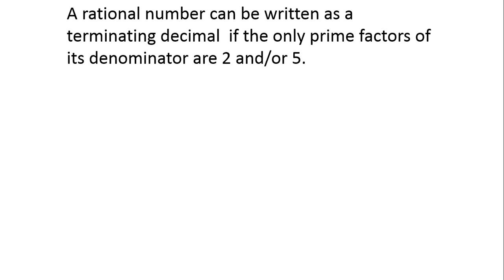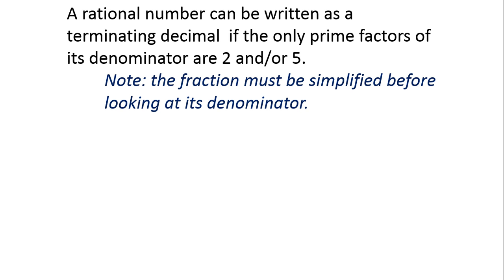And if the only prime factors of its denominator are 2, or 5, or some combination of 2s or 5s, then that rational number can be written as a terminating decimal. The only thing we have to be careful of here is that before we make this decision, we have to look to see that the fraction is simplified.